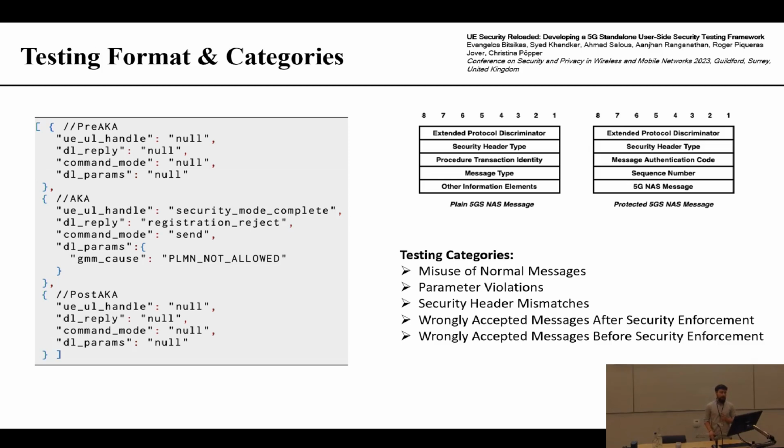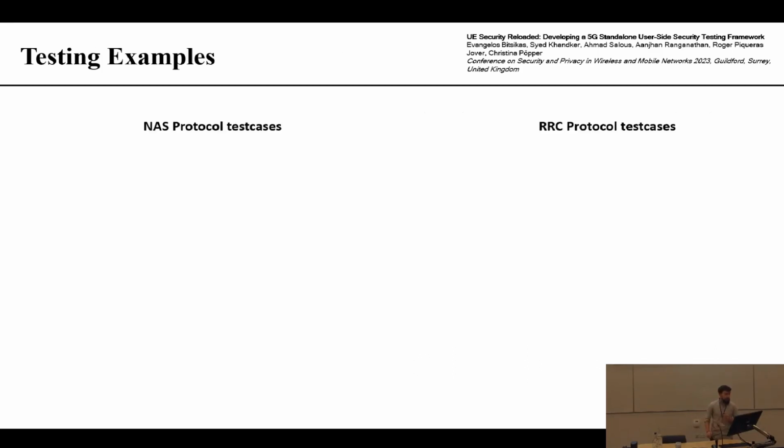And we have security header mismatches. For example, we can send a protected message, but the header says it's plain, and wrongly accepted messages that do not fit in the execution flow and are not protected after the security context.